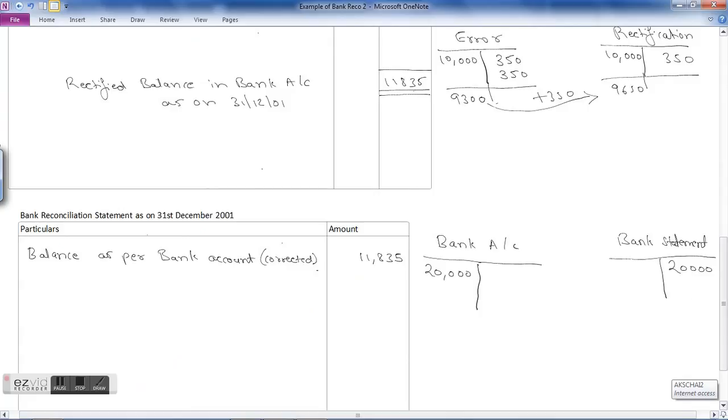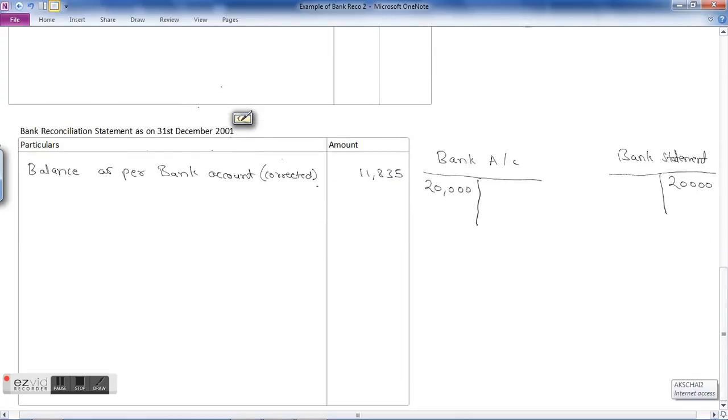So checks of 11,514 will appear on the credit side of bank account since they are checks issued, and how much were encashed? 7,815. That is, only these parties have presented the check in the bank, 7,815.